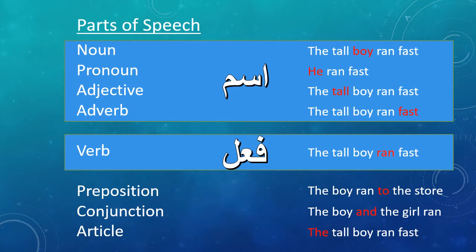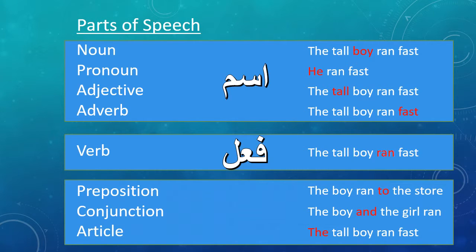Instead of just saying tall boy, which could be any tall boy, we say the tall boy. So we are talking about a specific boy. And this is called harf. So we have ism, fi'l, and harf.